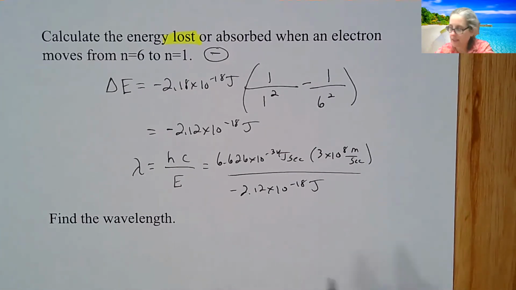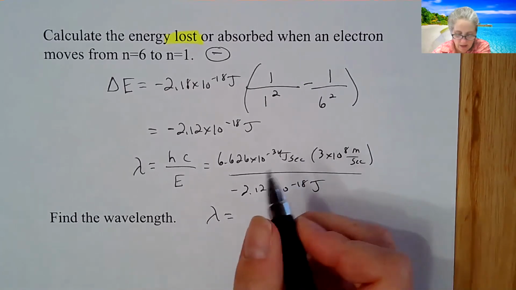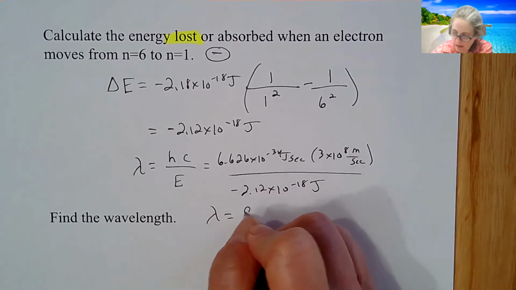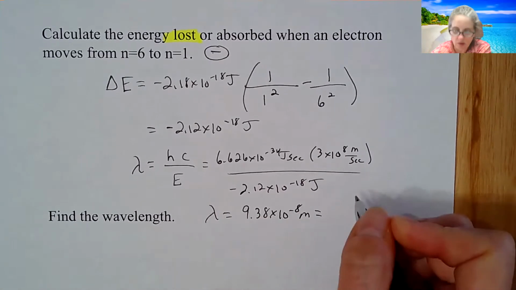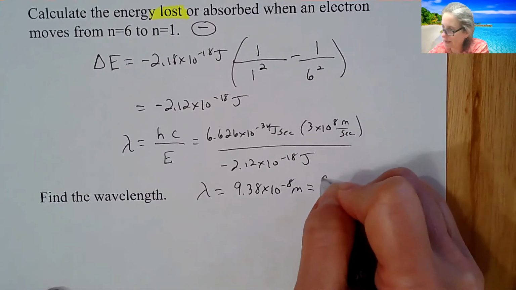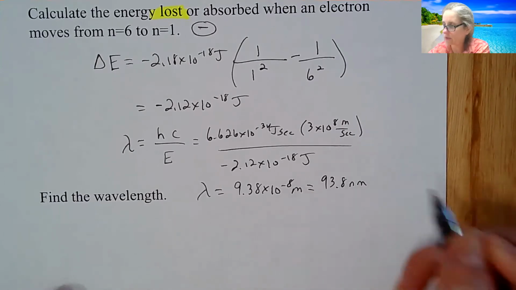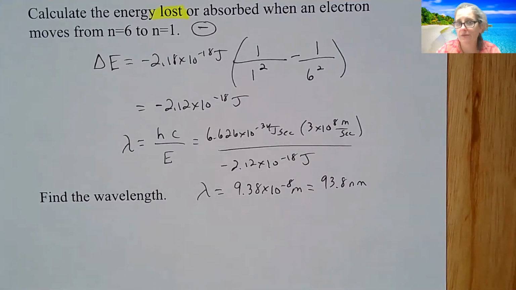All right, so you could plug that into your calculator and you could have the wavelength as being 9.38 times 10 to the negative 8th meters, which you could convert to nanometers, is about 93.8 nanometers. So I might ask with these types of questions, is it visible or not? And you would say it's not visible.